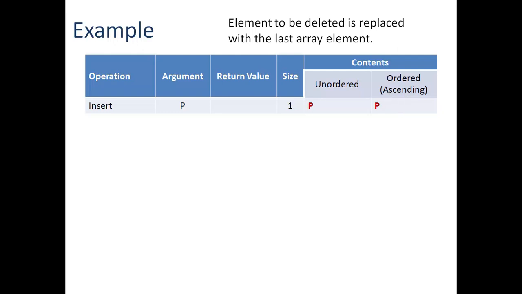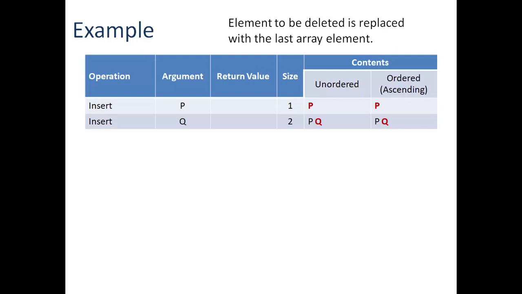Also, whenever an element in case of an unordered version has to be deleted, then the last element will be used for replacement instead of shifting all the array elements by one position as we have seen in case of arrays. So here the first element which is inserted is P.